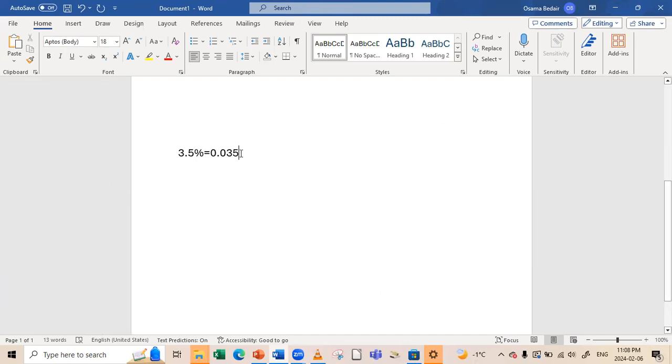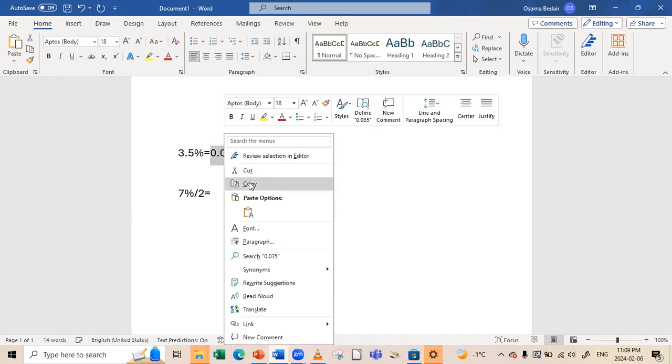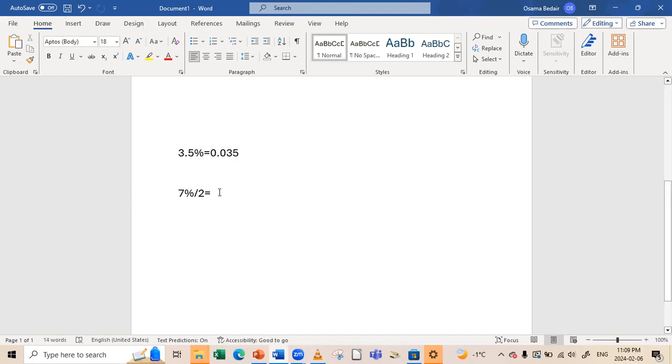So actually what happened here is that the 7% we divided by 2 gives me this amount. It takes 7% for the whole year, but we want how much every 6 months. That's what we want. So it's 3.5% every 6 months.